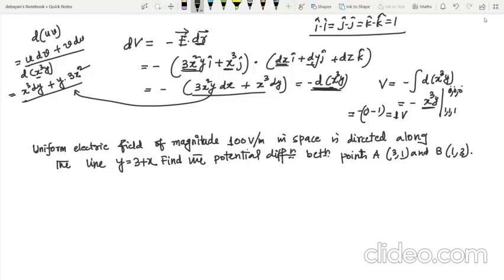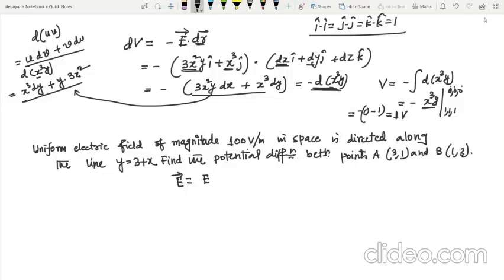What we know in that particular case is that the electric field is nothing but Ex i cap plus Ey j cap. If it is E and this is theta, then this particular component is E cos theta and that is E sin theta.